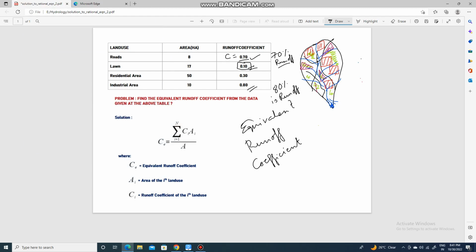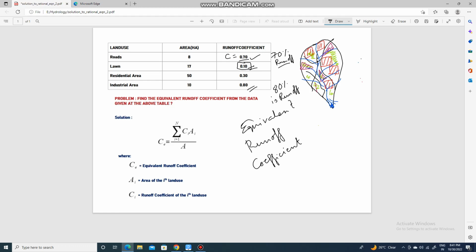So now how to find the equivalent runoff coefficient? We know that these are the land uses, these are the areas of those land uses, and these are the runoff coefficients of corresponding land uses.